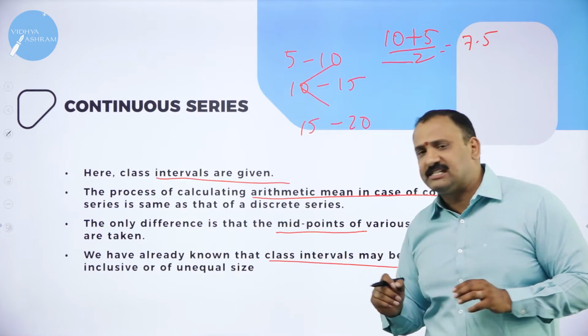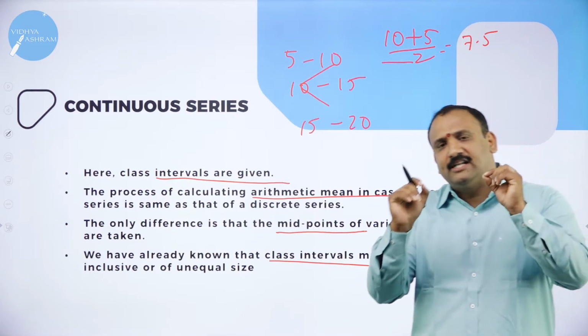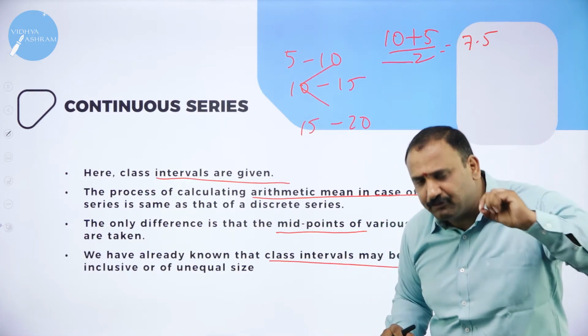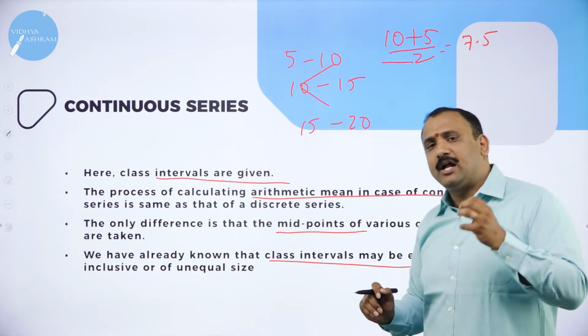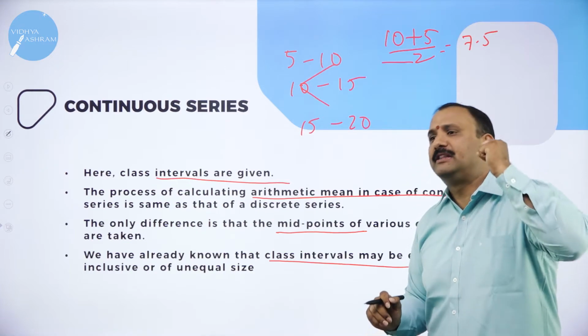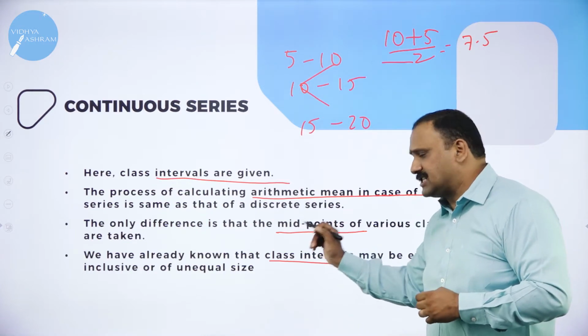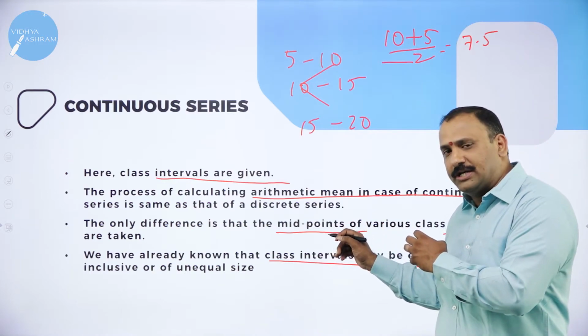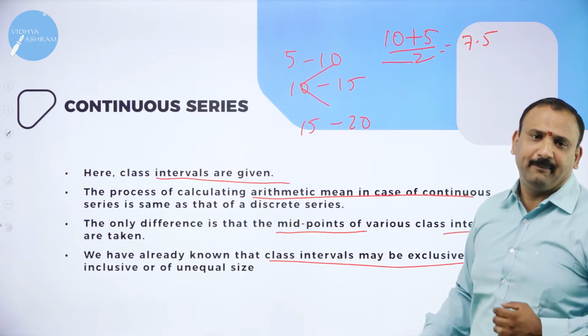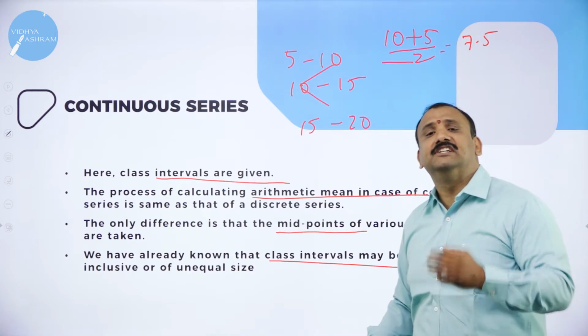What we are going to see is that for this series, called a continuous series, we are going to use the same discrete methodology formula, plus we are going to use the midpoints that are taken in, and then we will be able to calculate the continuous series arithmetic mean altogether.